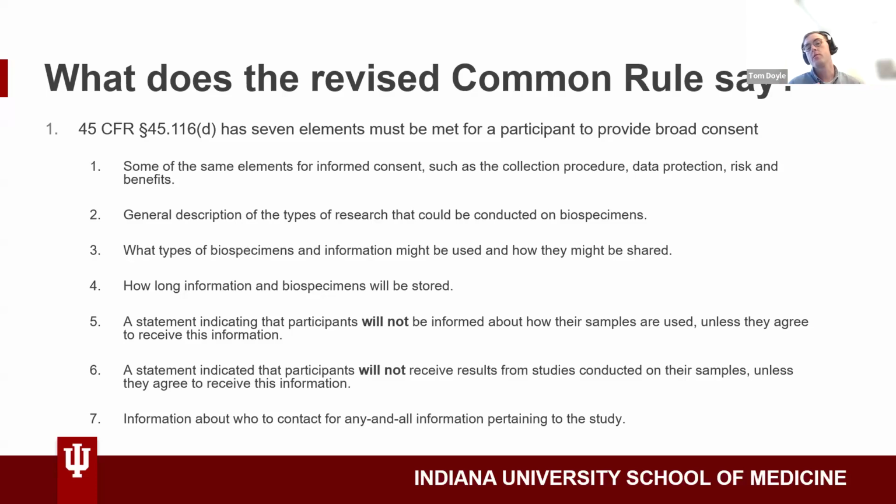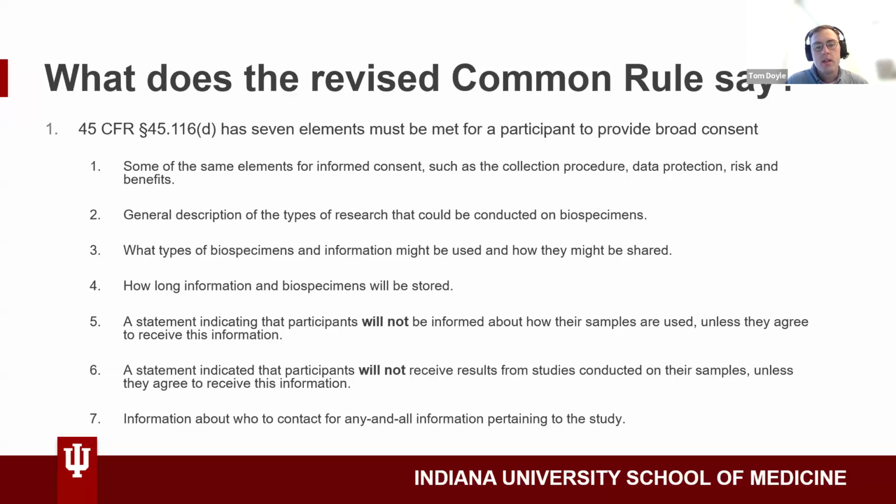So providing some information to donors or participants, at the time of their giving you that sample, on how you plan on sharing that sample. What do you plan on doing with it after you've got it stored away? How long the information and biospecimens will be stored. You can say indefinitely, that's a possibility for you.